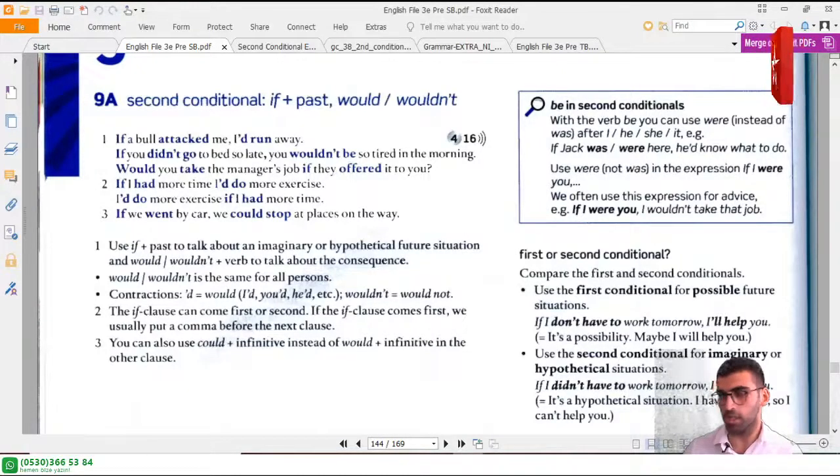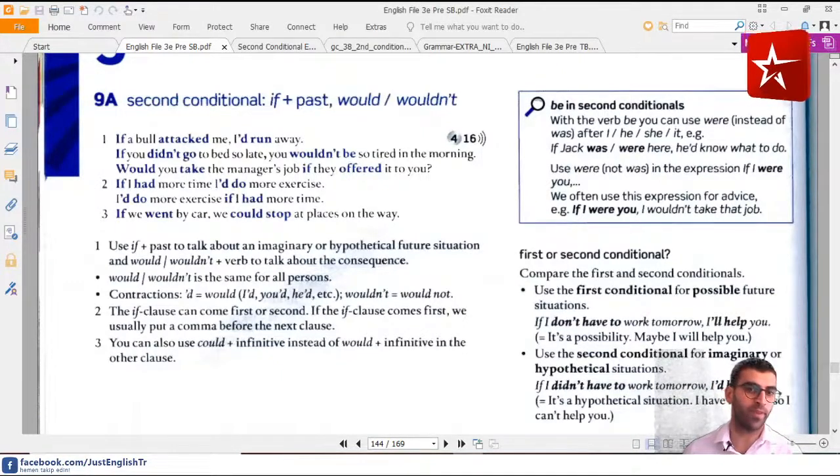We use the second conditional sentences to talk about hypothetical situations. You can ask me, what does hypothetical situation mean? Hypothetical situation means unreal situations or imaginary situations.